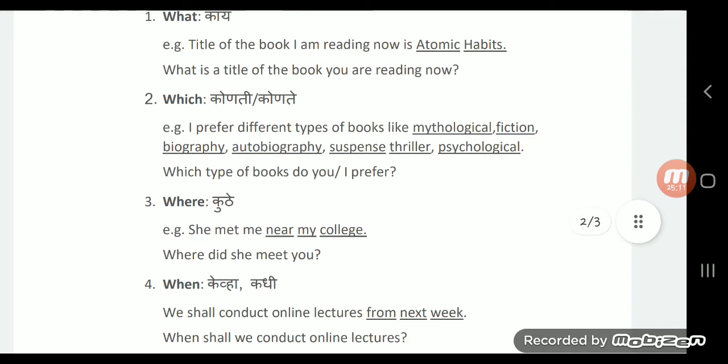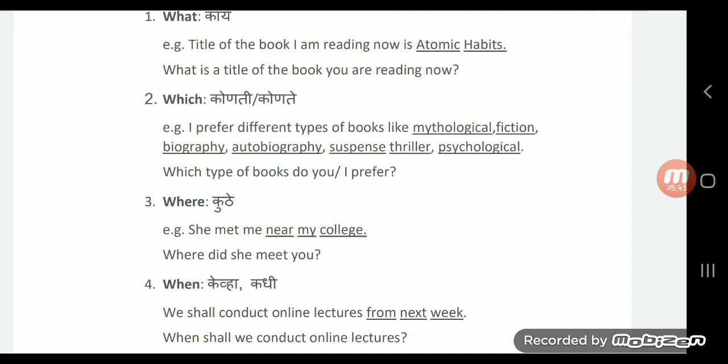Then second is which. In Marathi, we call it कोणती or कोणते. Here is example. I prefer different types of books like mythological, fiction, biography, autobiography, suspense thriller, psychological. Here lot of information is given. So simply when I am asking for a detail about some type of something, then I use which as a WH question.